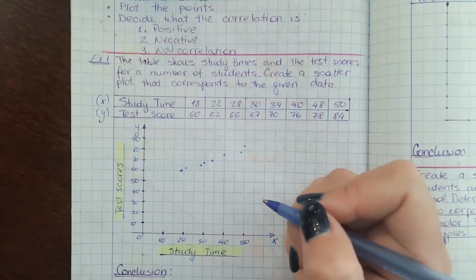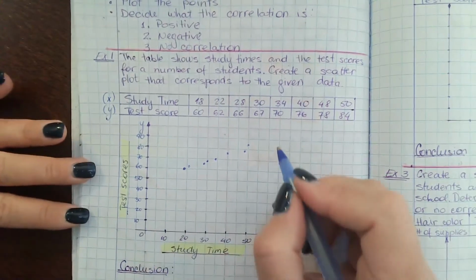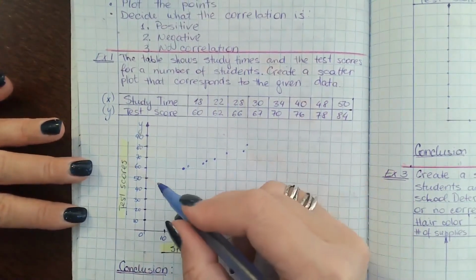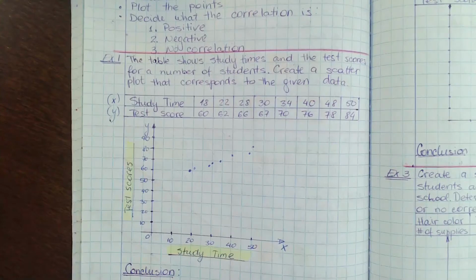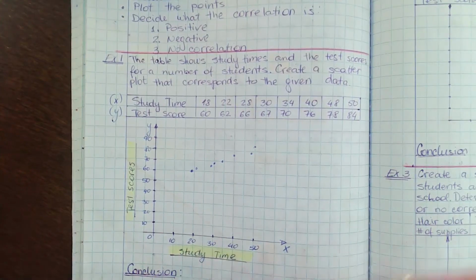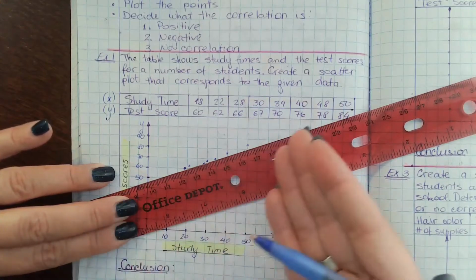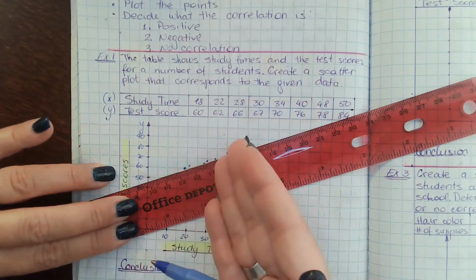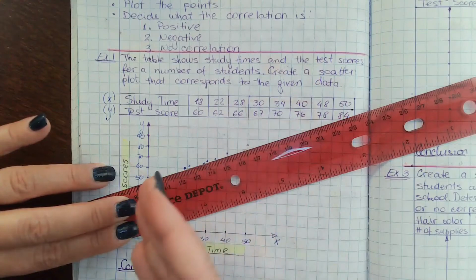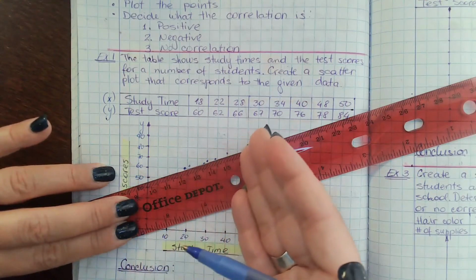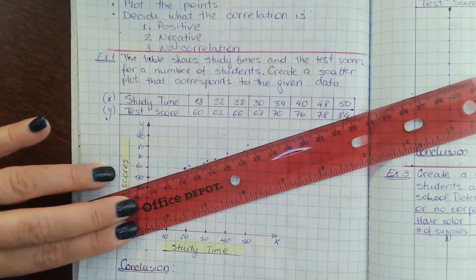So as you can notice, based on my plot or point location, we don't have a perfectly straight line, but the trend is upward if we were to follow this linear growth. So we have an upward direction that would be a positive correlation.